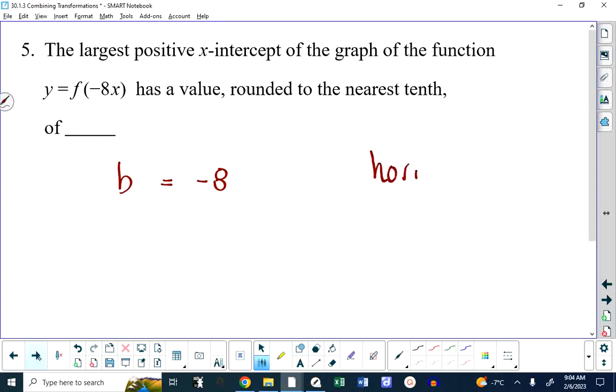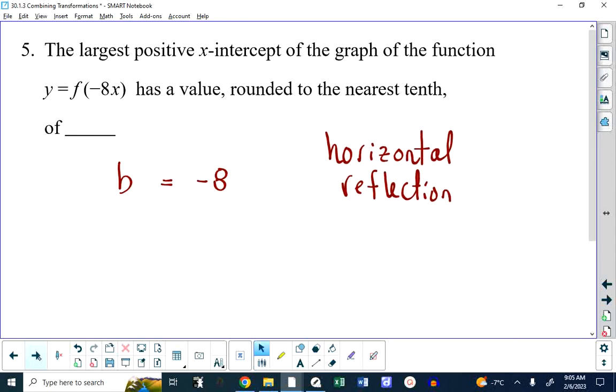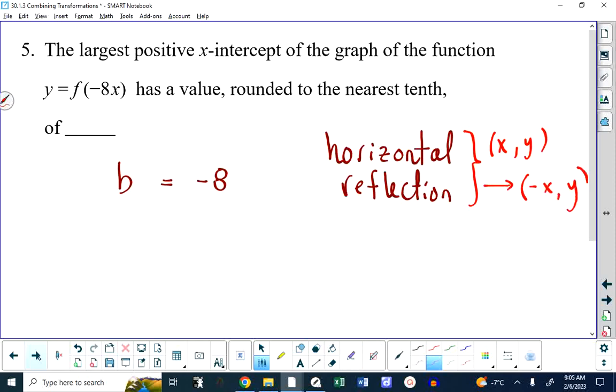There's a horizontal reflection, and if that horizontal reflection were the only thing that happened, then that's the mapping that's associated with the horizontal reflection. But we also see that the absolute value of b is 8, which means that there is a horizontal stretch.